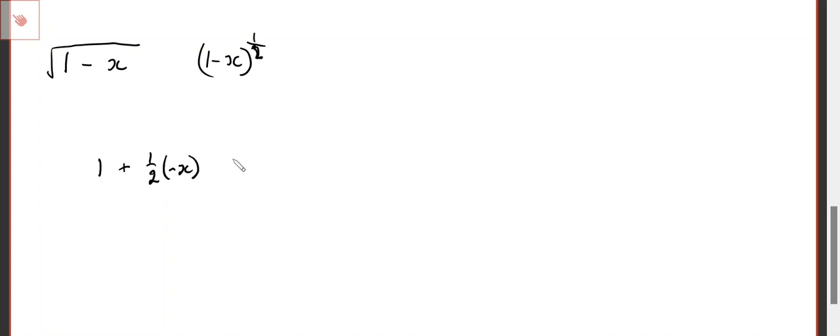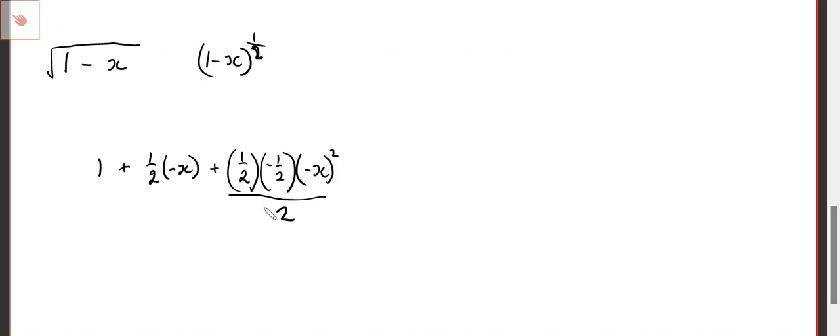Then we've got 1 over the square root of 1 minus x, which is then (1 minus x) to the power of a half. Okay, which becomes 1 plus a half times negative x, plus a half times negative a half times negative x squared all over 2.